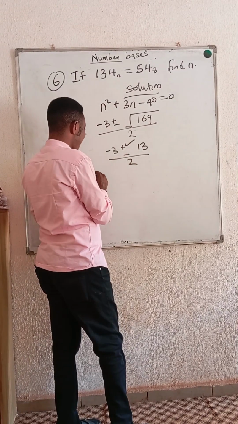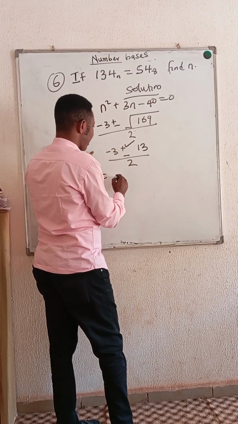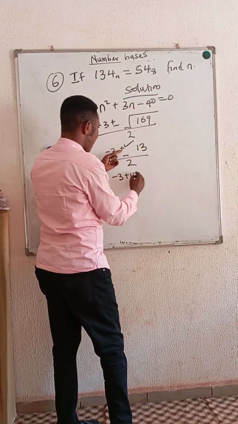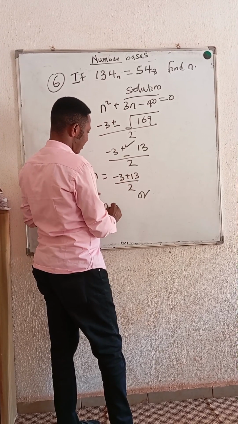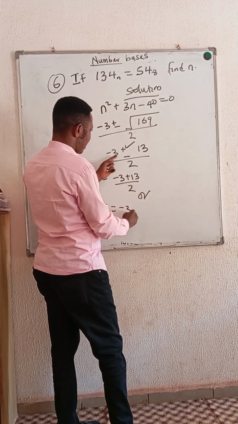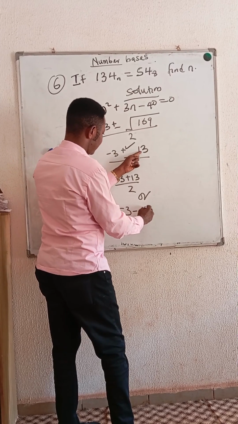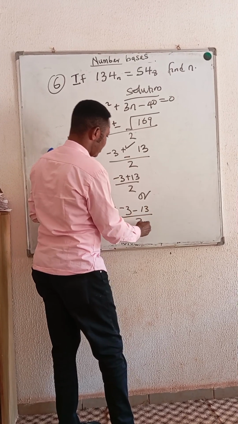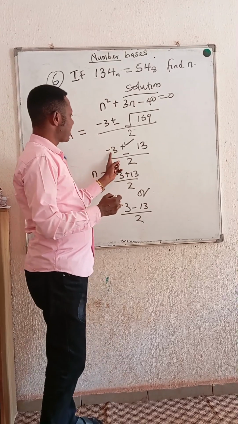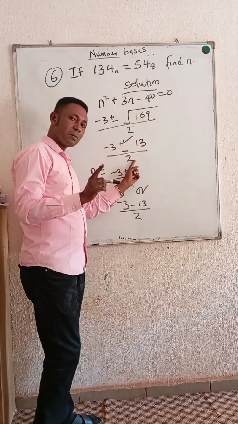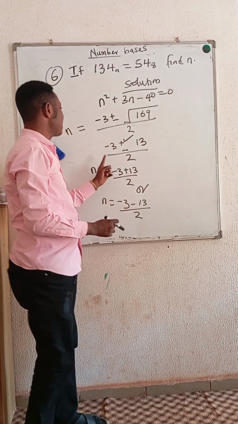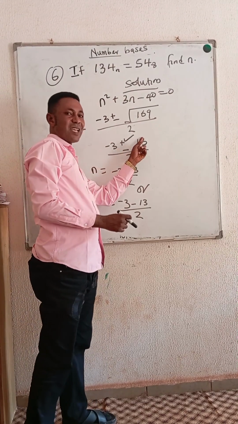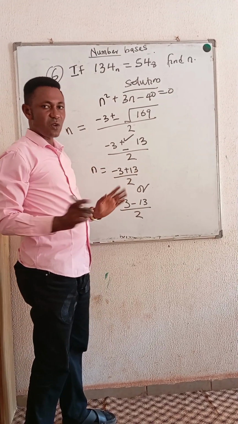So n is equal to minus 3 plus 13 all over 2, or n is equal to minus 3 minus 13 all over 2.